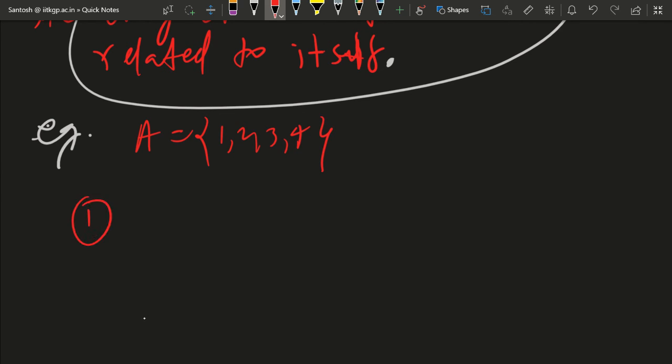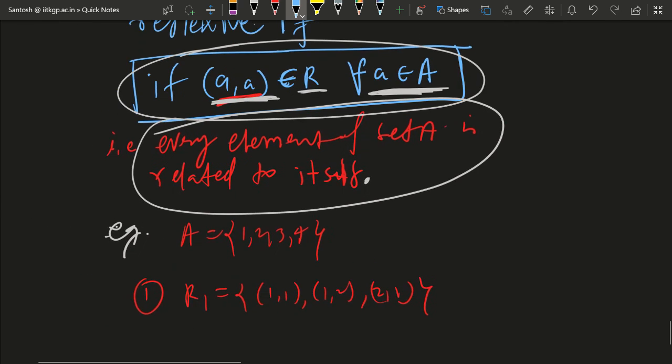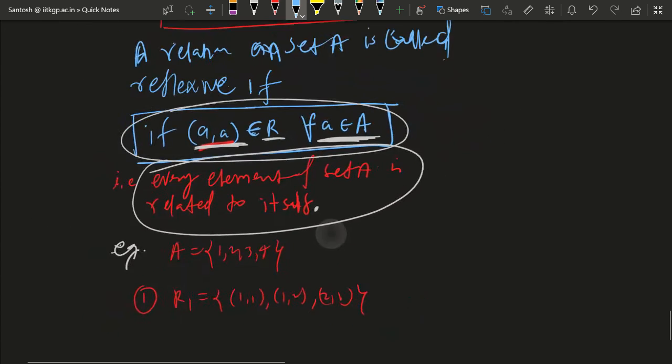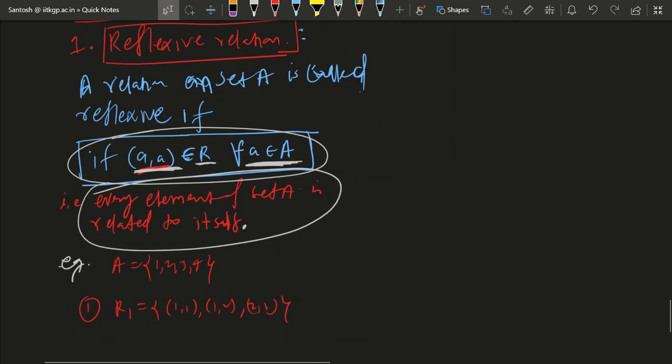The first part is R1, which is (1,1), (1,2), (2,1). Tell me, is this relation reflexive? You may see the definition. Can we say this relation is reflexive? Yes or no? The elements are 1 1, 1 2, 2 1.